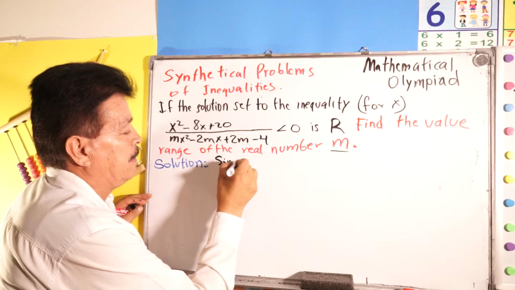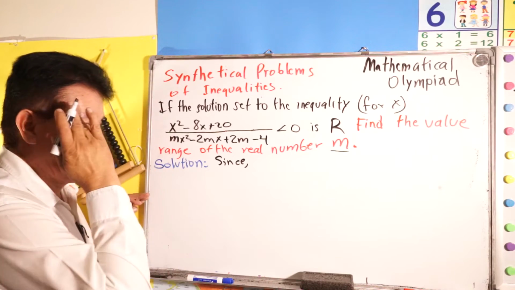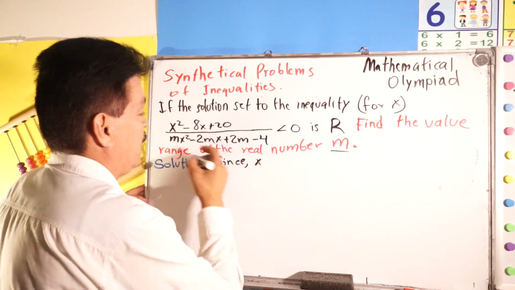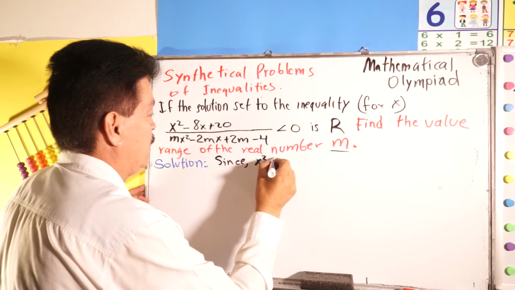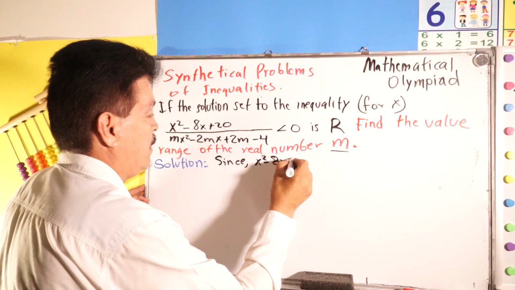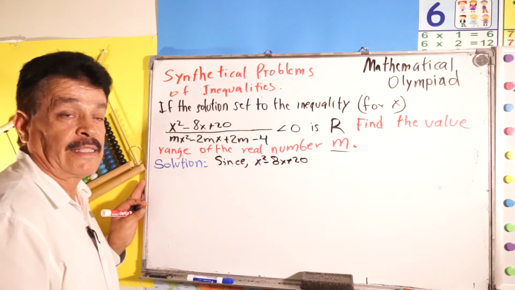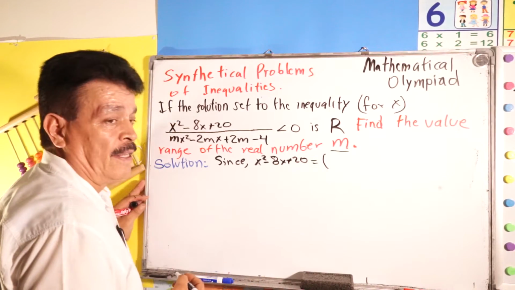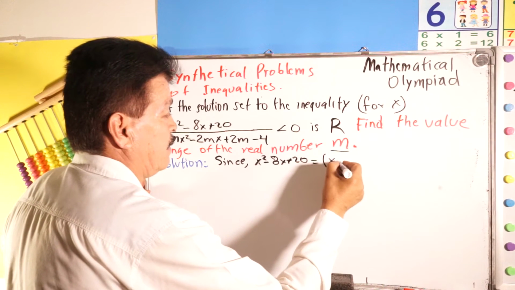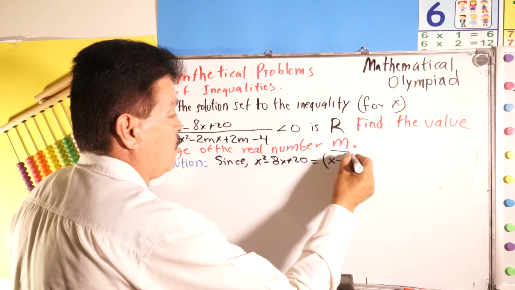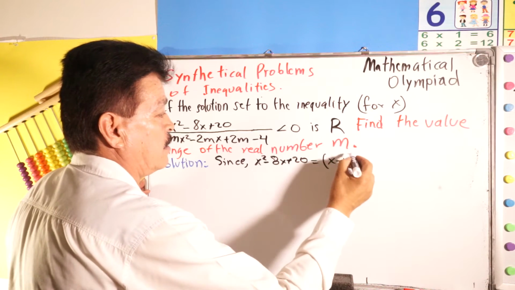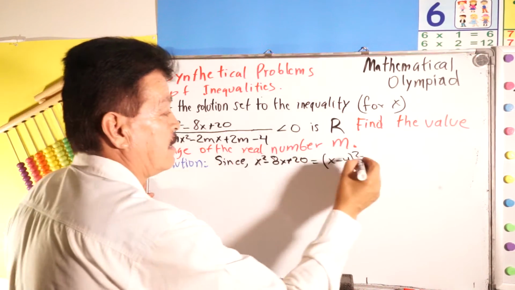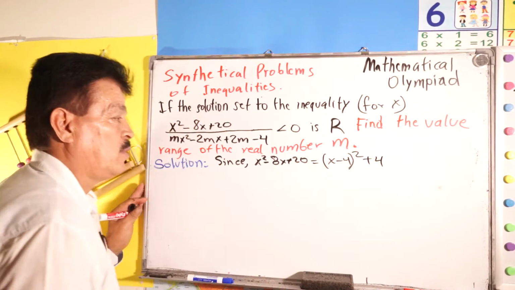Since x² − 8x + 20 equals (x − 4)² + 4, we have one.